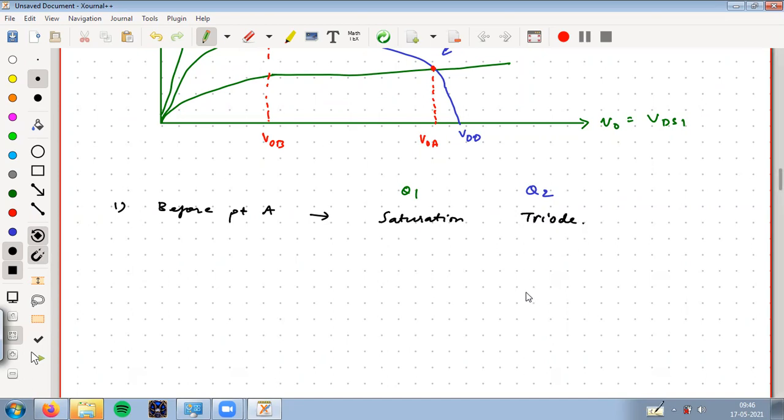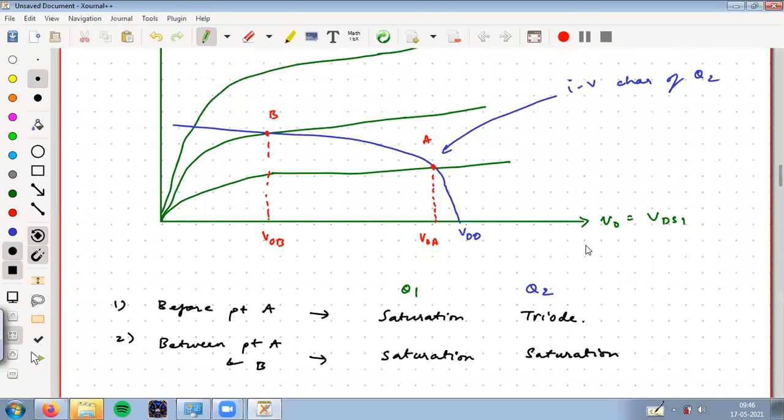Between points A and B, both of them are in saturation region. You can observe this in the graph. If I take any random point here, you can see that Q1 is in saturation as well as Q2, because both the currents will be constant.